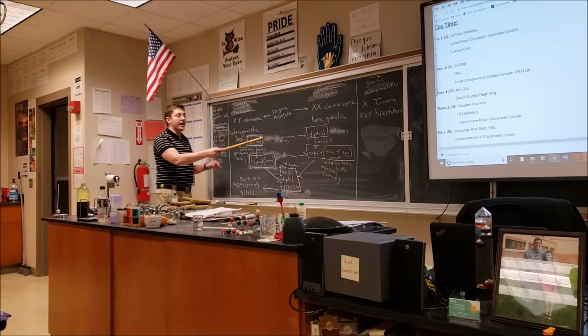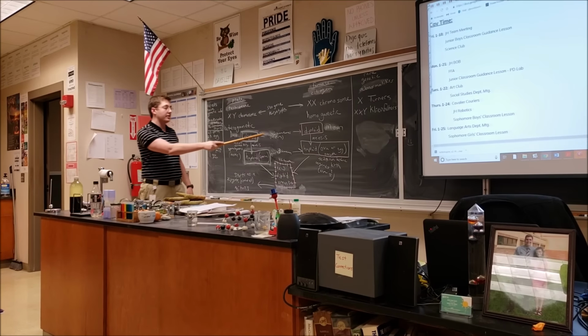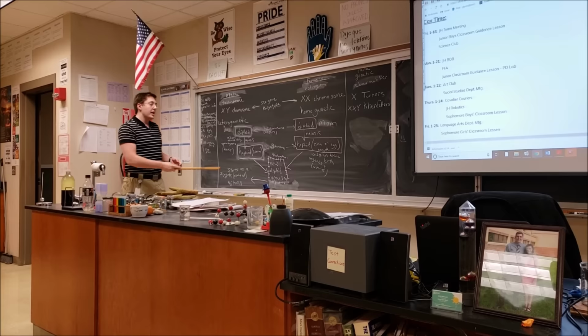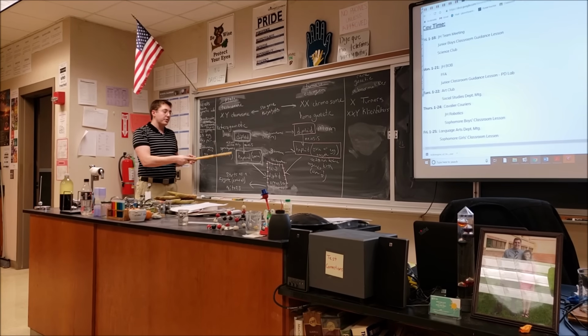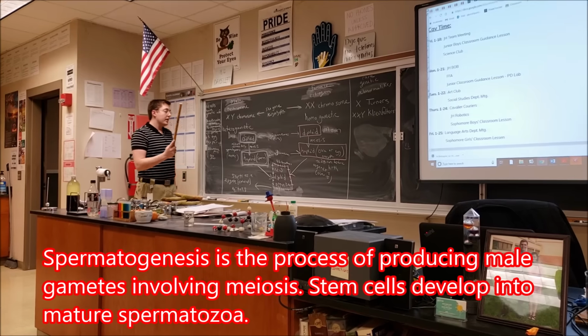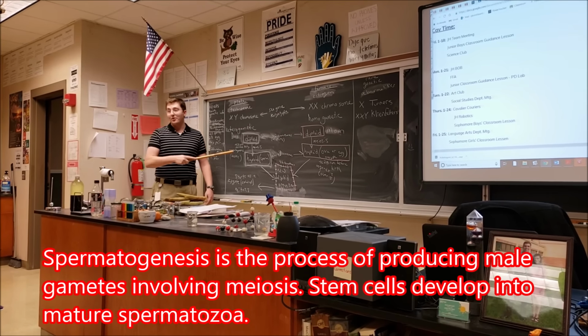Now, here's the important part. Your dad and your mom have diploid cells, which means their cells have 46 chromosomes, 23 pairs, right? The dad produces millions and millions of sperm daily through spermatogenesis in his testes. That's also called meiosis, right?